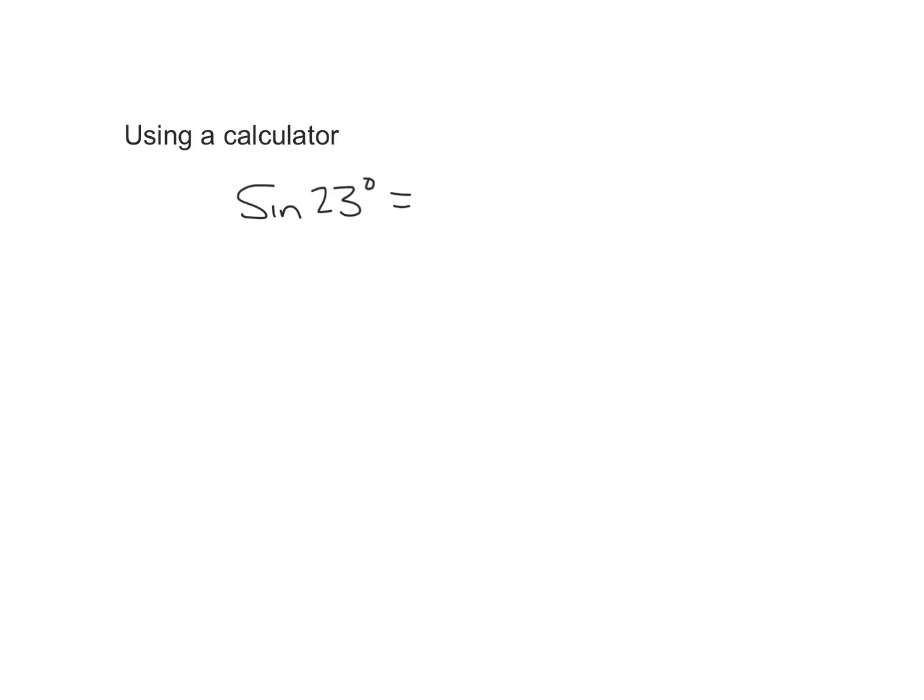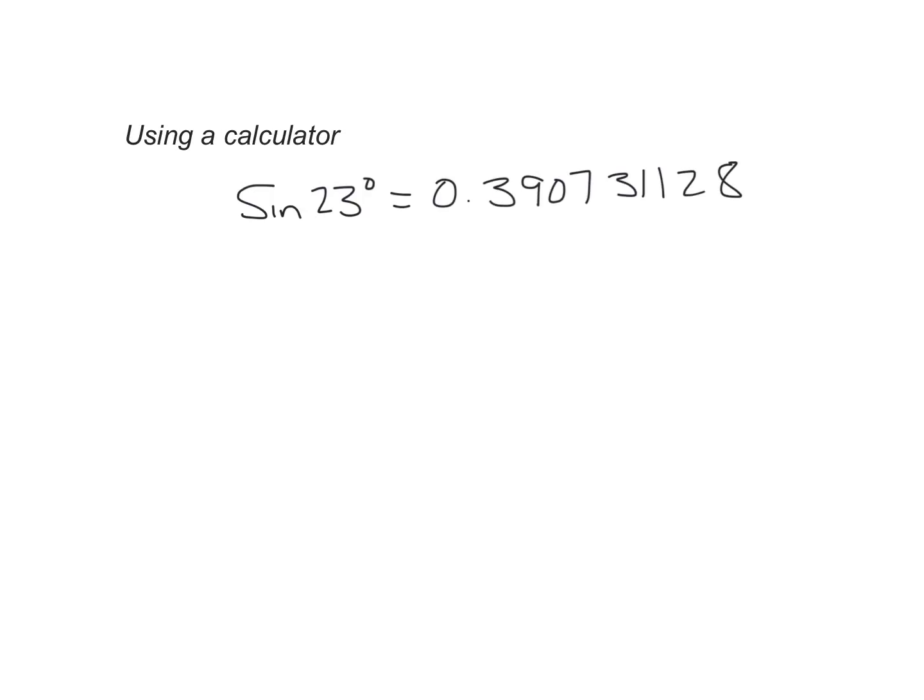So using our calculator, if we wanted to find the sine of 23, we would put into our calculator sine 23 equals, and we'd get a value of 0.3907311128.